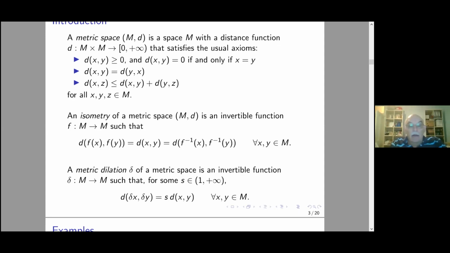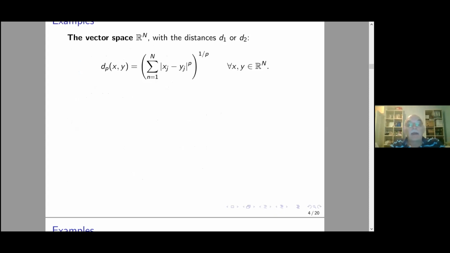And if I take 2 points, X and Y, and then I dilate them, delta X and delta Y, then they are S times as distant as the original points, X and Y. So these are quite reasonable and not too difficult, I hope, definitions. And these are what I'm going to need about metric spaces. So let's have some examples.